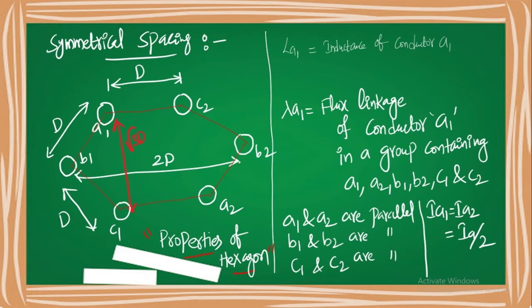How can I find that inductance? If I know the flux linkage of conductor A1 in a group of conductors containing A1, A2, B1, B2, C1, C2, so totally there are 6 conductors, in that group of 6 we need to find the flux linkage of conductor A1 by using the basics.